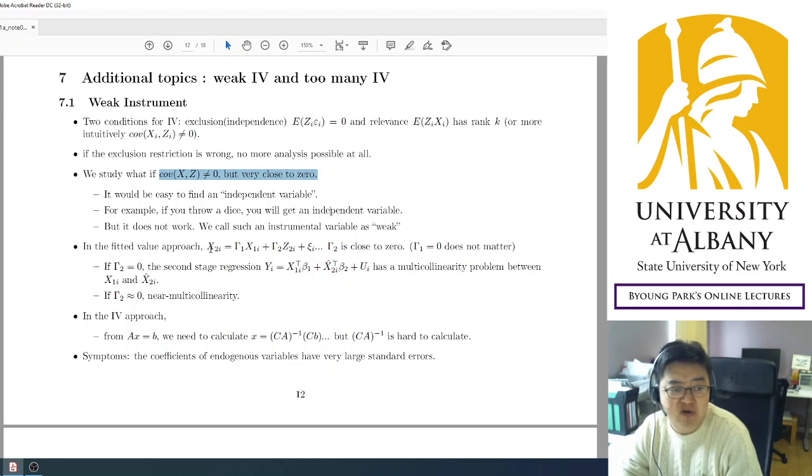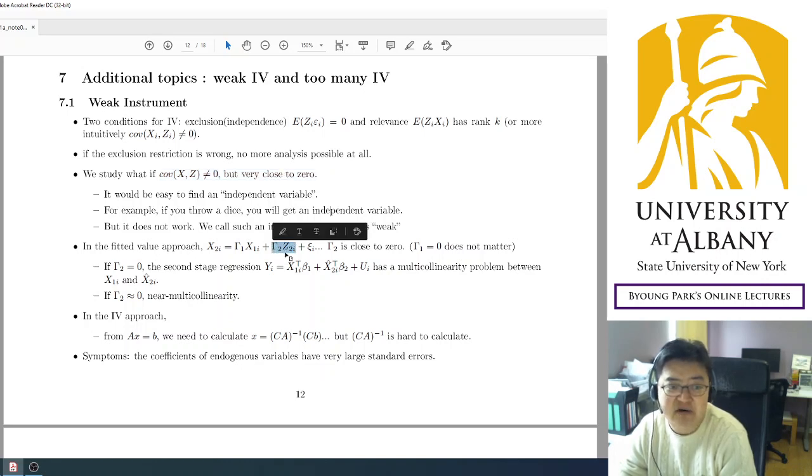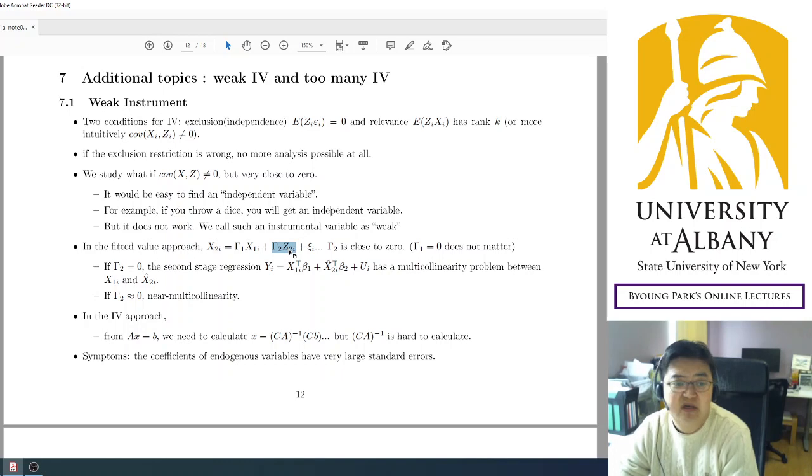In the first stage regression equation, you have this equation, but the problem here is gamma 2, the coefficient of Z2, the outside instrument. x1 is just an exogenous variable included in the original regression equation, but Z2 is the variable that is excluded from the structural regression equation.